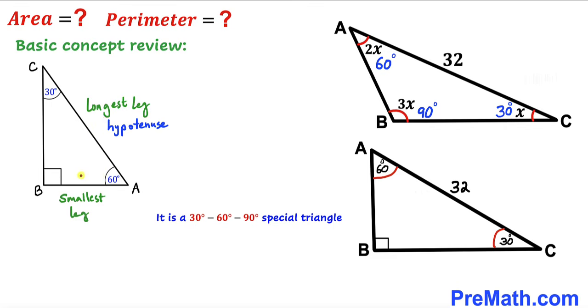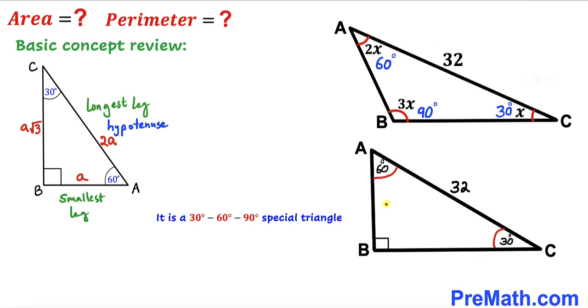In other words, if the smallest leg is 1 unit, then the longest leg is going to be 2 units, and this third leg has got to be square root of 3. So in general, if the smallest leg is A, then the longest leg is going to be 2 times A, and this third leg has got to be A times square root of 3 units.